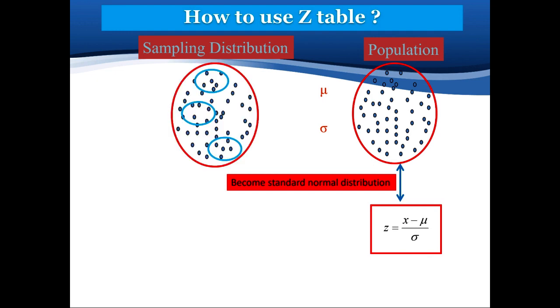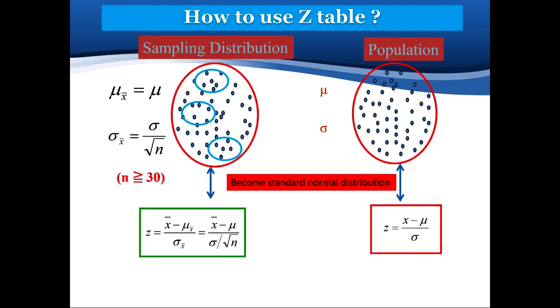How about the sampling distribution then? The same. The z-score formula is value minus mean. From the central limit theorem, the mean of the sampling distribution is mu, and then divided by the standard deviation.